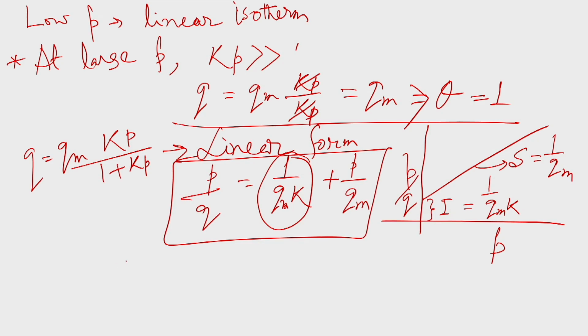Okay. So now we have slope by intercept, which is 1/q_m divided by 1/(q_m K).